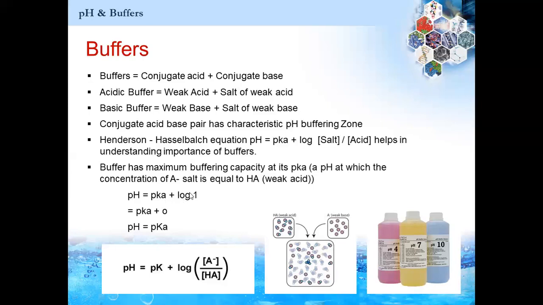And since log of 1 is 0, pH becomes equal to pKa. That means the pH becomes equal to the pKa, that is the dissociation constant of the weak acid, when the concentrations of the salt and the acid used in making the buffer are taken equally, or they are of equal concentrations.